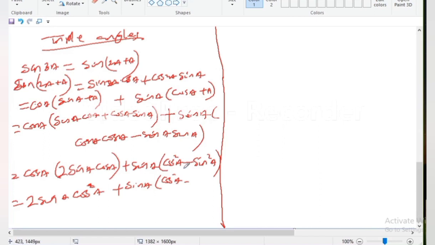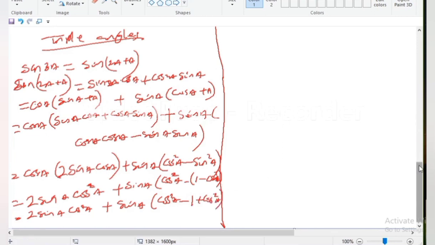Here you have sine squared, you can put this as 1 minus cos squared A. 1 minus cos squared is sine squared. So you have this as 2 sine A cos squared A plus sine A into cos squared A minus 1 plus cos squared A.